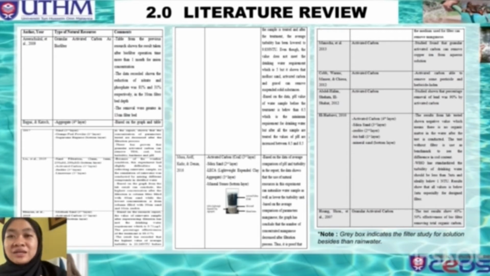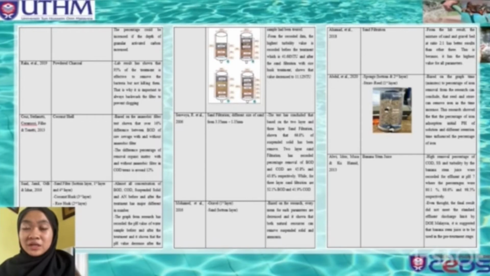And then there's a study that researched activated carbon. Activated carbon is very special because it can remove odor and also taste. The same goes for coconut shell. The difference between those two is the size itself that we have made.